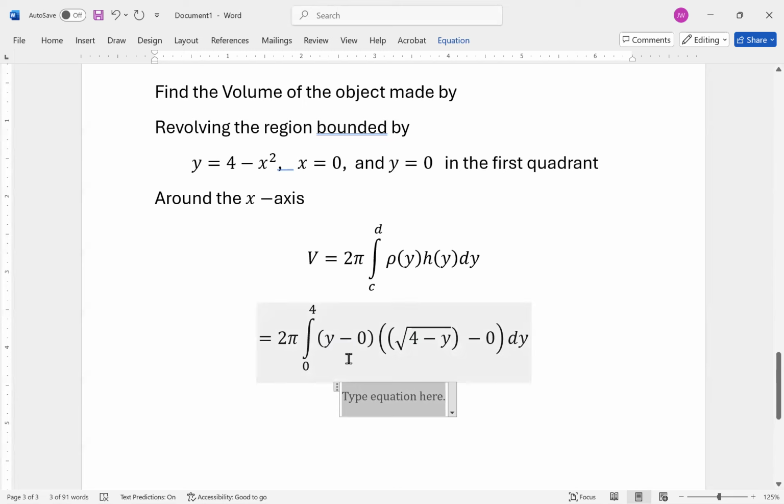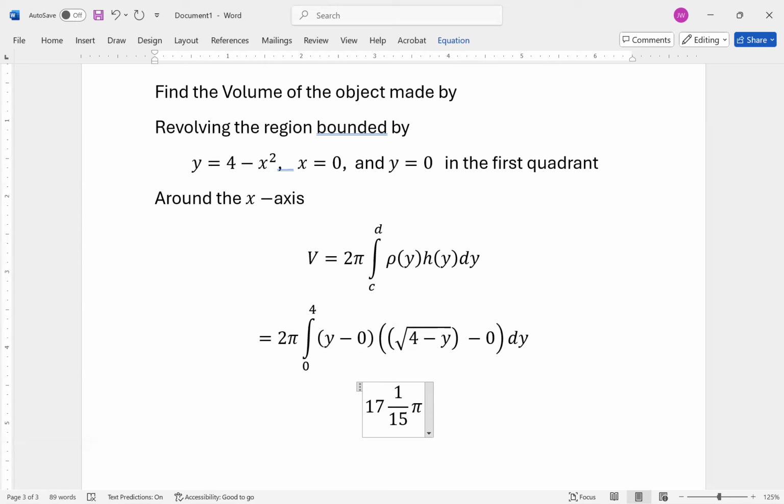And when I do this, I get about 17.0666726, which actually should be 17 and 1/15 times pi.